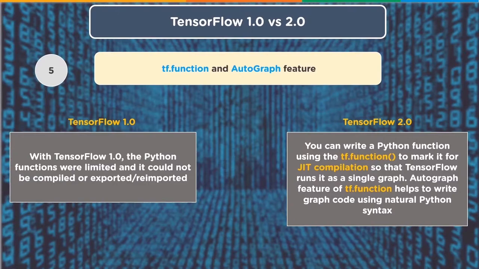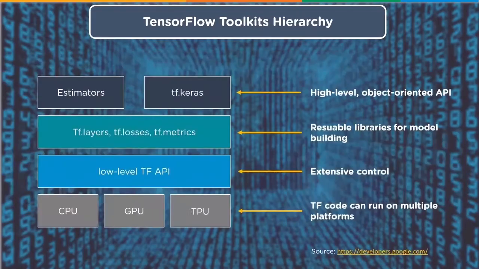Next, let's go for hierarchy and architecture, and then we'll cover three basic tools in TensorFlow before we roll up our sleeves and dive into the example. So let's just take a quick look at TensorFlow toolkits and their hierarchy. At the high level, we have our object-oriented API. So this is what you're working with. You have your TF Keras, you have your estimators.